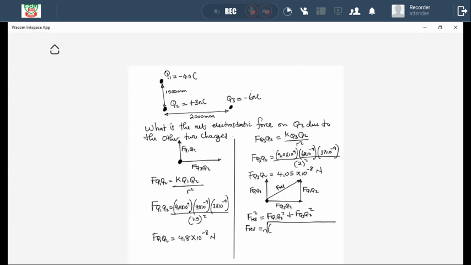I've calculated it. It's 4.8 times 10 to the power minus 8. You close, this is squared, right? Plus, what is F Q3Q2? It's 4.05 times 10 to the power minus 8. You close, you also square.